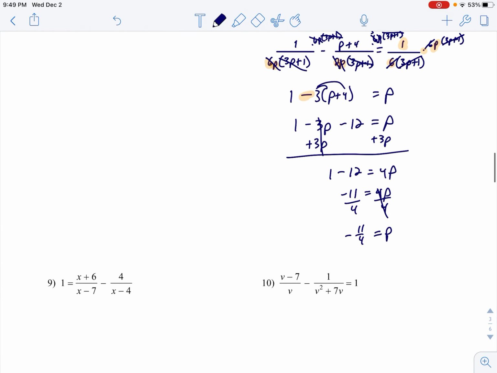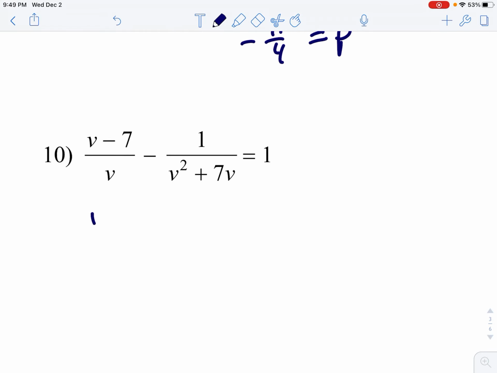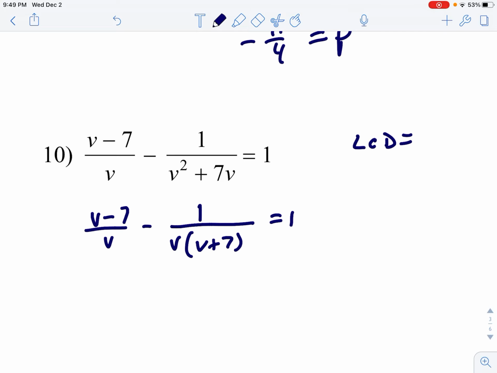Number 10 is not quite as bad, but sort of along those lines. V minus 7 over V minus, I'm going to factor this denominator. I can factor out a V, equals 1. So my LCD here has to have all the terms in it. Both of these have a V. This term has a V plus 7.